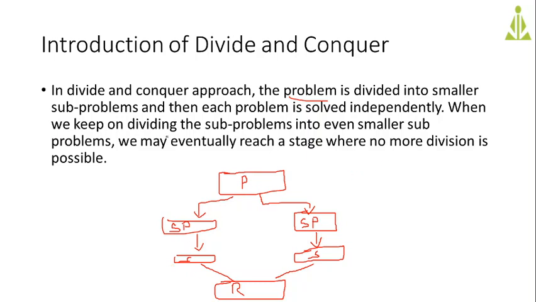When we keep on dividing the subproblem into even smaller subproblems, we may eventually reach a stage where no more division is possible. After that, if there is no more division, only then will it solve and give the result. No problem, I will show you this.